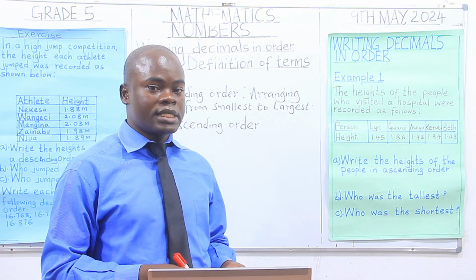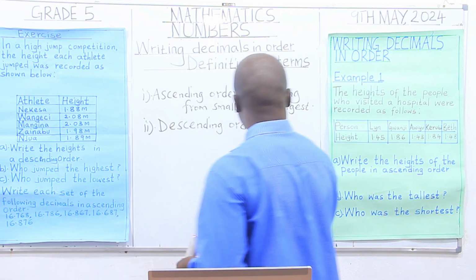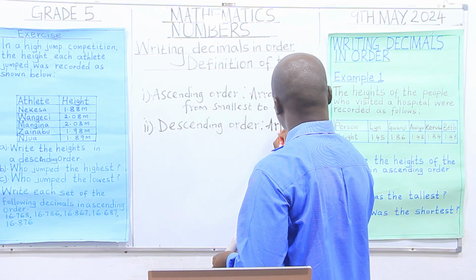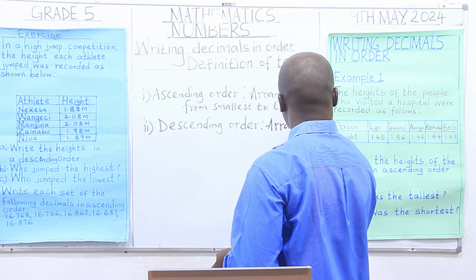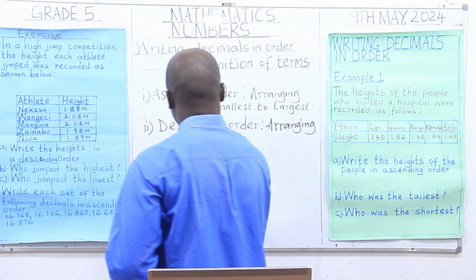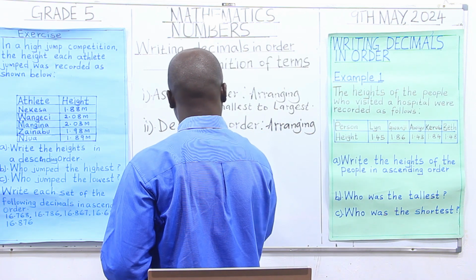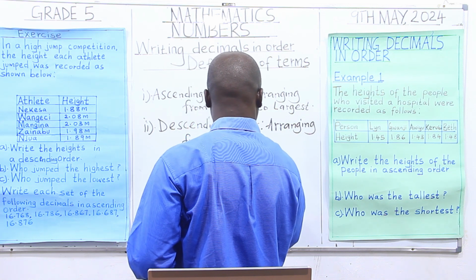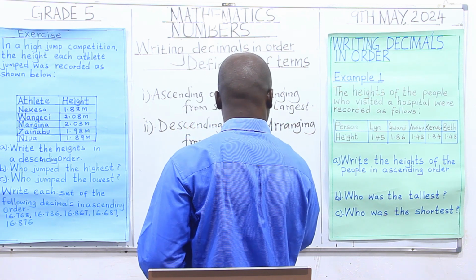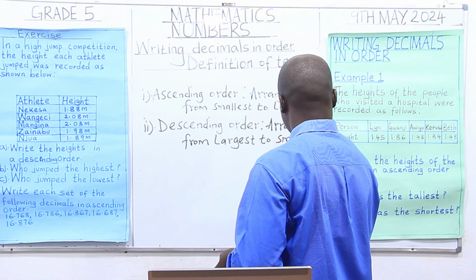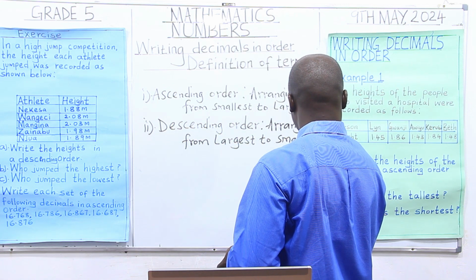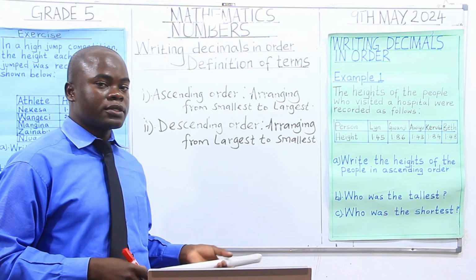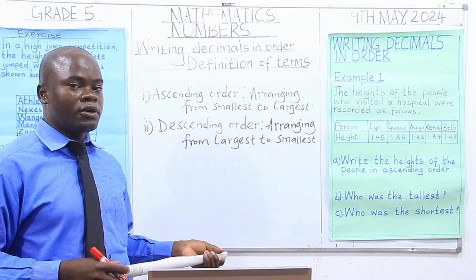So you can as well write the meaning. Arranging from largest to smallest. So that's the meaning of descending order.